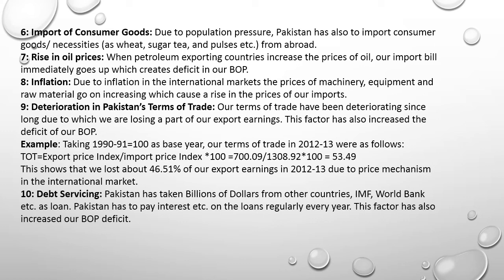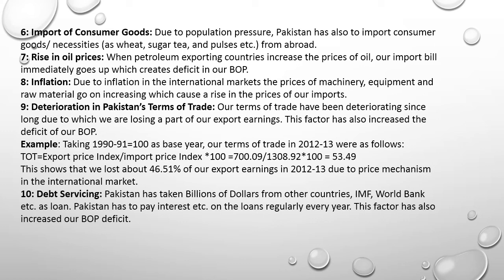So TOT is equal to export price index divided by import price index multiplied by 100, that is 700.09 divided by 1308.92 multiplied by 100, that is 53.49.